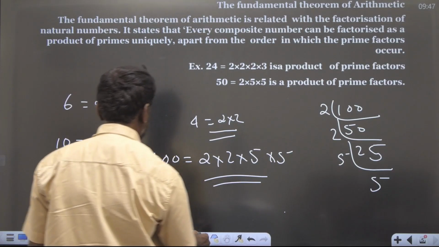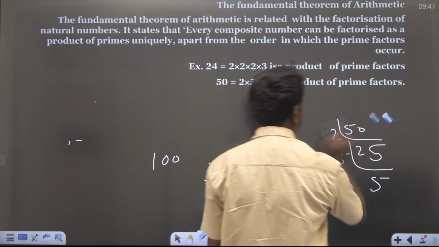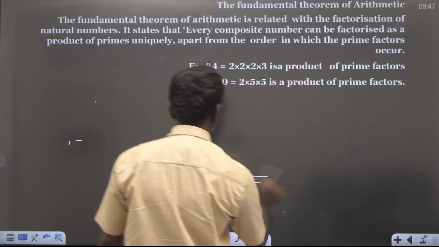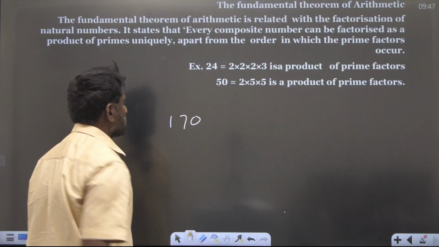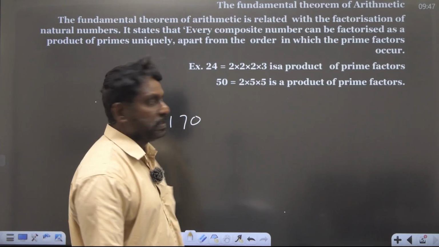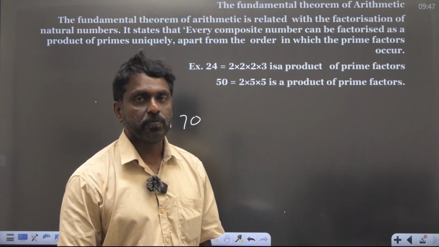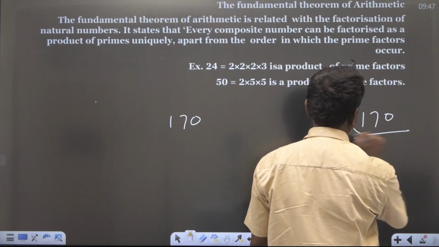Again, I can give another example. Express 170 as a product of prime factors. How can we represent it? 170.